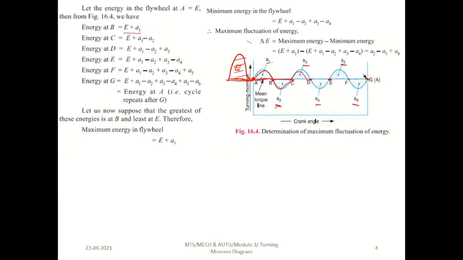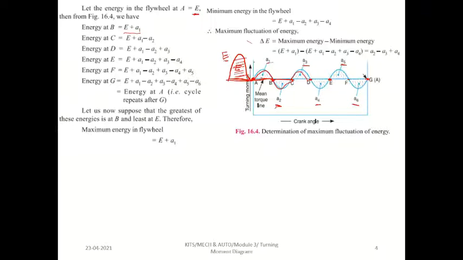Initially, before point A itself, some energy is there, and we have to mention that as capital E. See, that's how we are starting the problem. Then at point A we have the energy E, then at point B, E plus A1. Just look at this diagram.